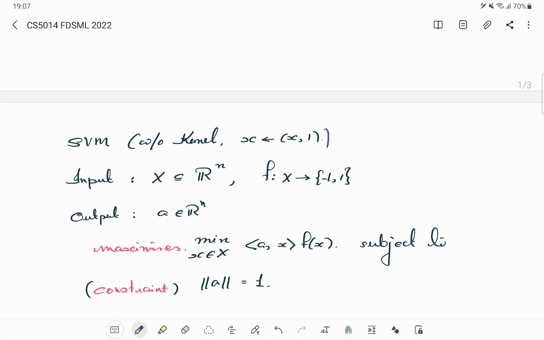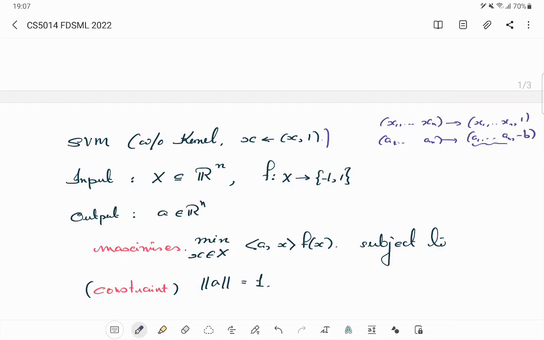But to keep the notation simple and not to talk about b, we will assume that we do this transformation. Your actual data point was this, but we will always consider it as x_n with a 1 appended, and the vector that we are writing, a_1 to a_n, we will instead think of as a_1 to a_n and minus b.